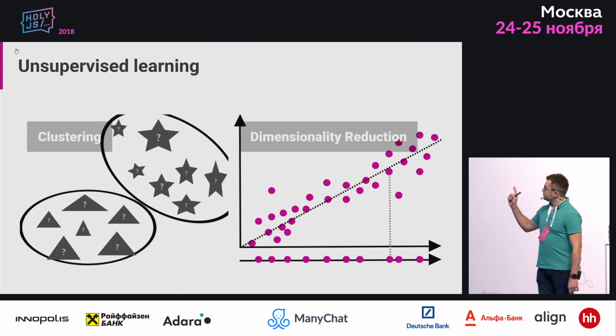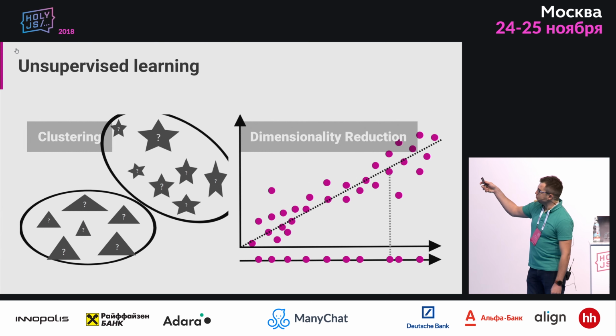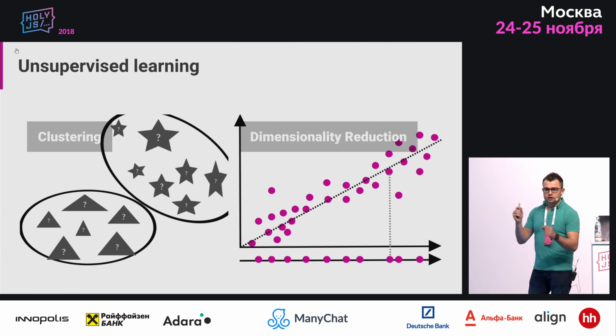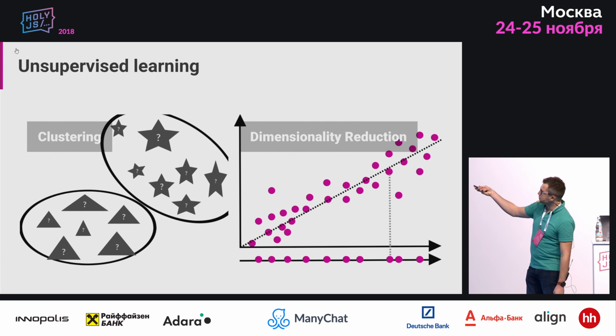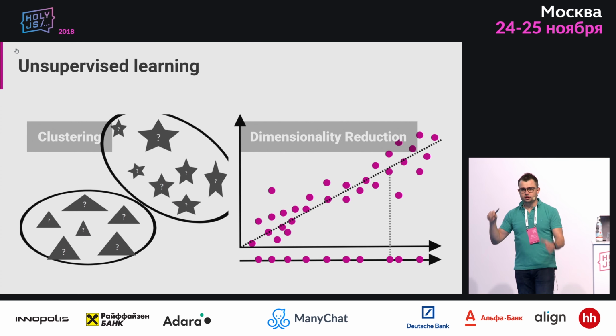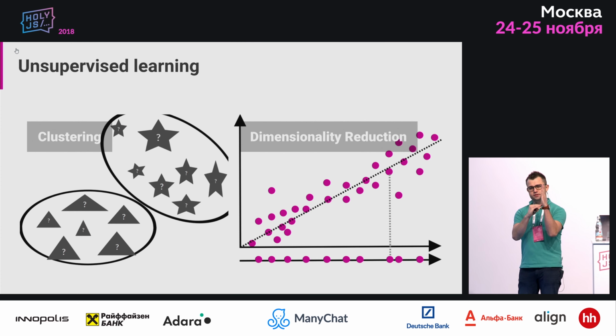Okay. Imagine that those points here are described with two numbers. Let's say the first is like 1 and 2, like x and y, plotted in two-dimensional space.